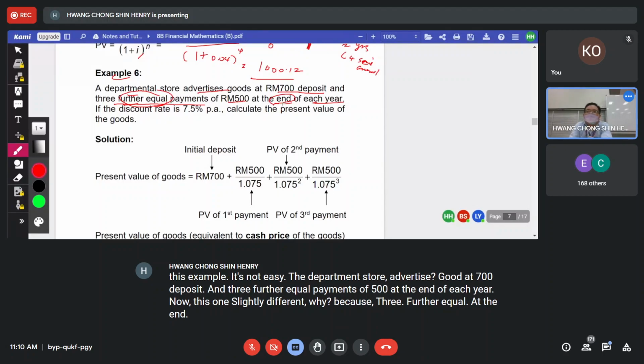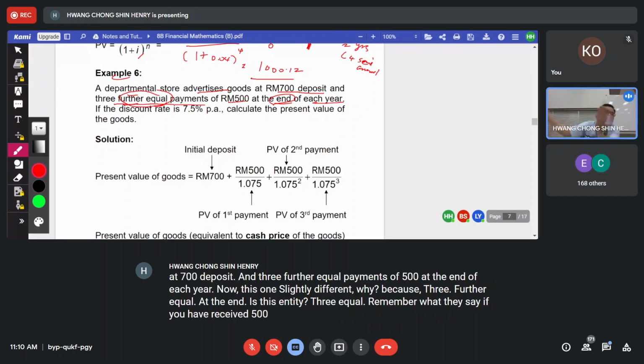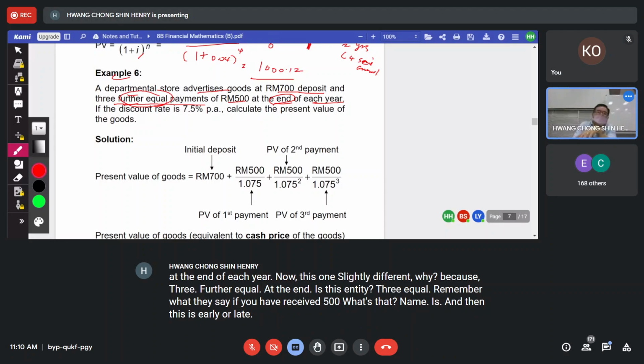Is this an annuity? 3 equal, remember what I say? If you receive 500, 500, 500, what is that? Annuity. And then is this early or late? It's mentioned here, and it's late.